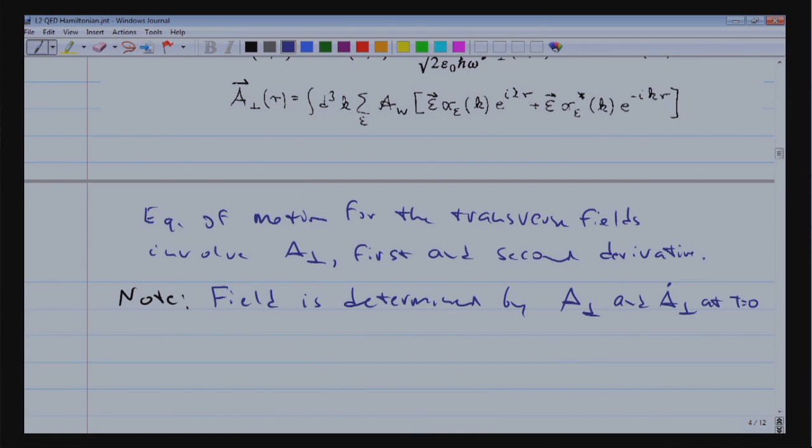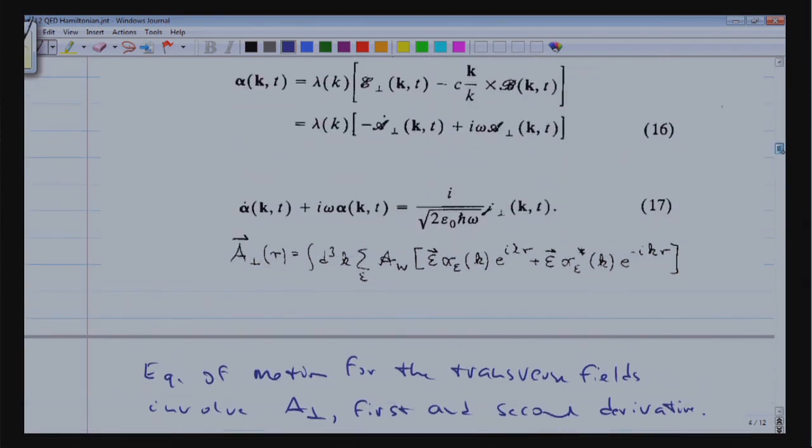So how to phrase that? So we need A and we need A dot, and they are coupled.